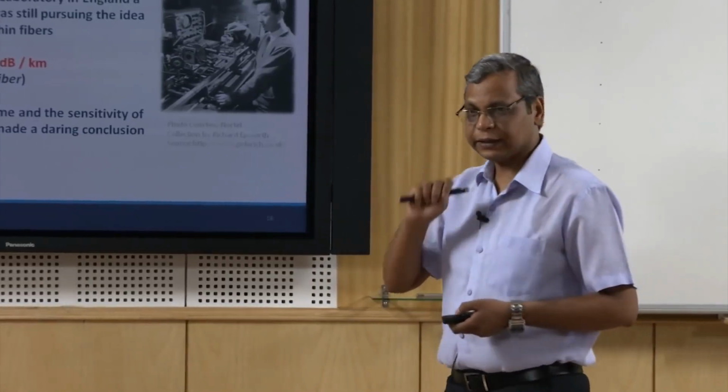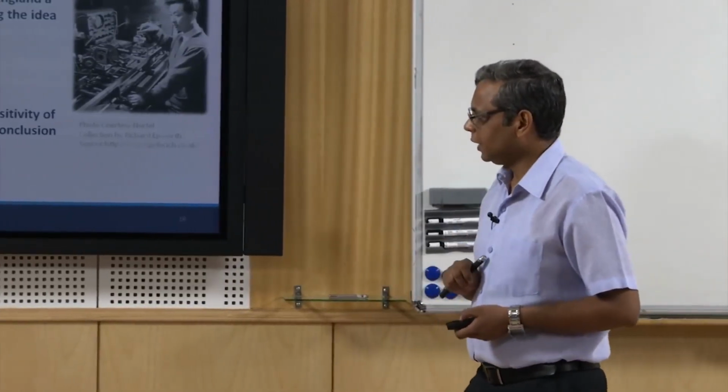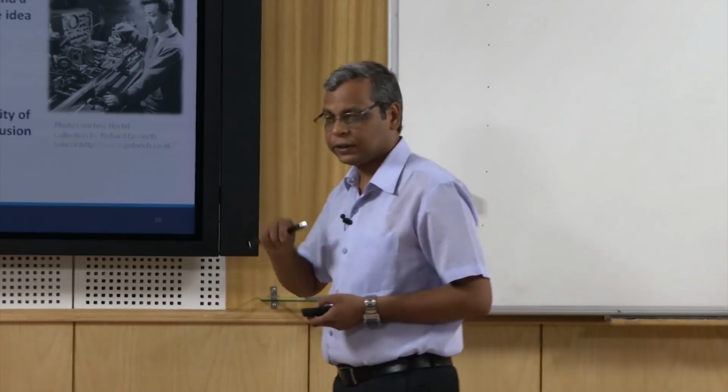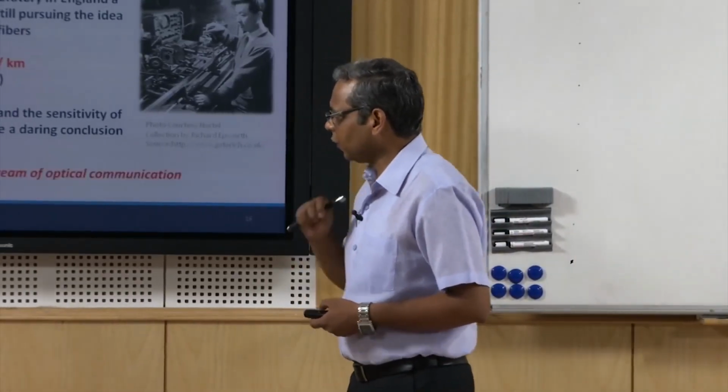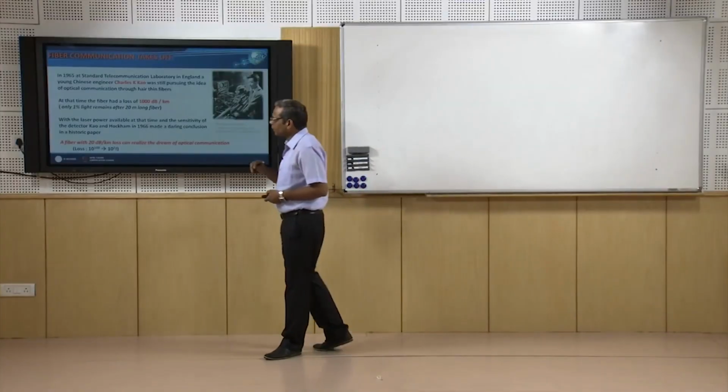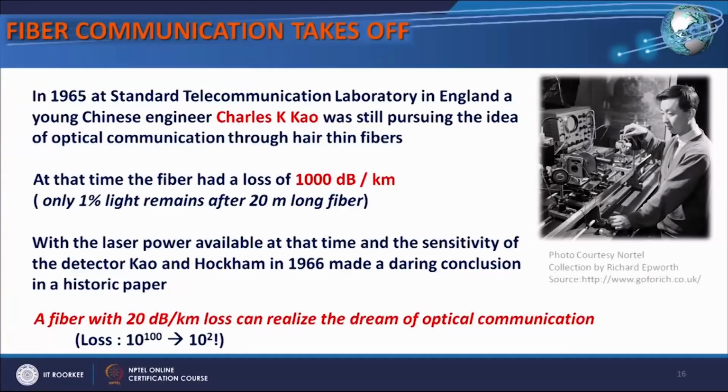And just look at this conclusion, the proposition which they made in 1966: a fiber with 20 dB per kilometer loss can realize the dream of optical communication. 20 dB per kilometer loss, what does it mean?